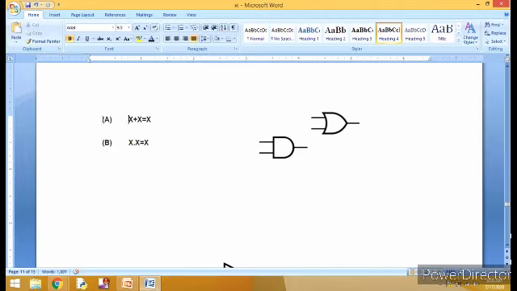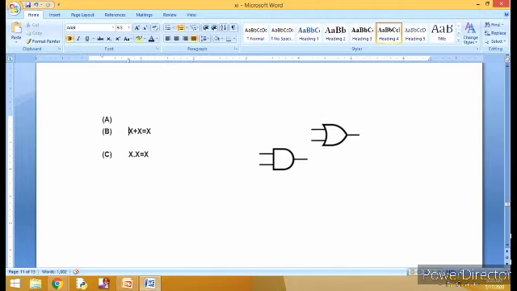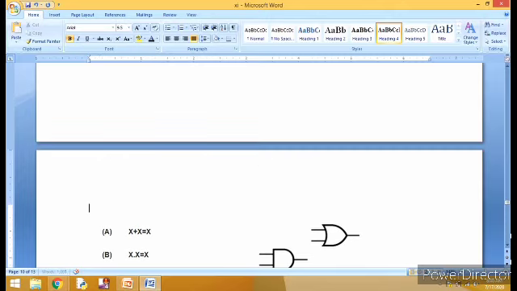Now a name is given for this theorem. We know this thing, that if the value is X for both the inputs, in either an OR operator or an AND operator, then we get the same value X.